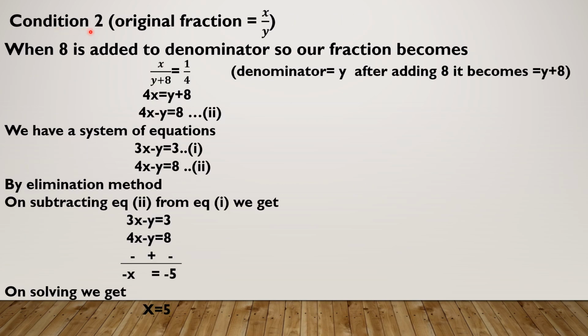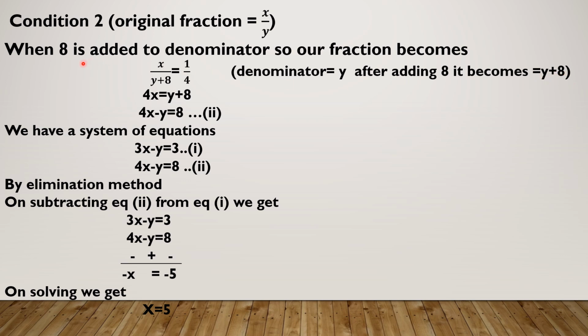So let us come to our condition number 2. When 8 is added to the denominator, our fraction becomes equal to 1 by 4. What is the meaning of it? Here we have considered the denominator equal to y. So on adding 8 to the denominator, it becomes y plus 8.